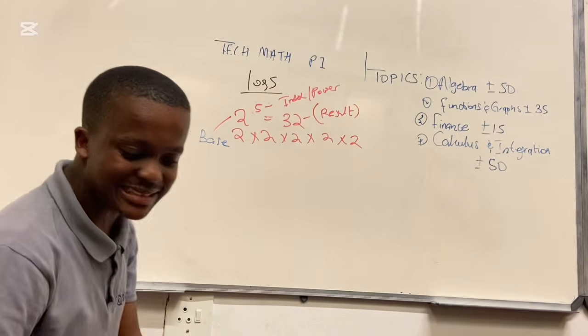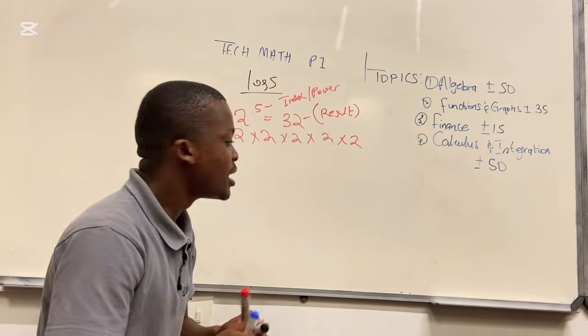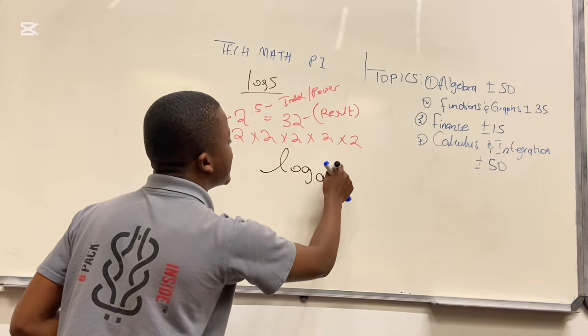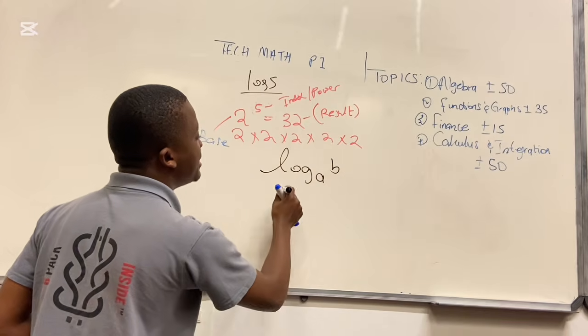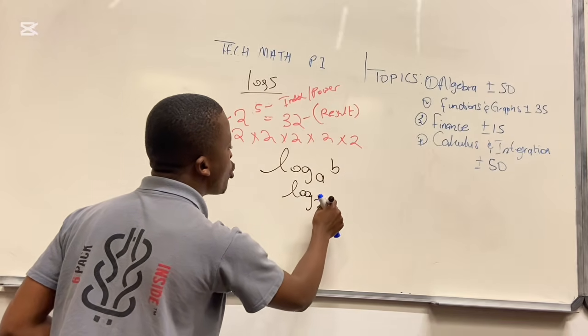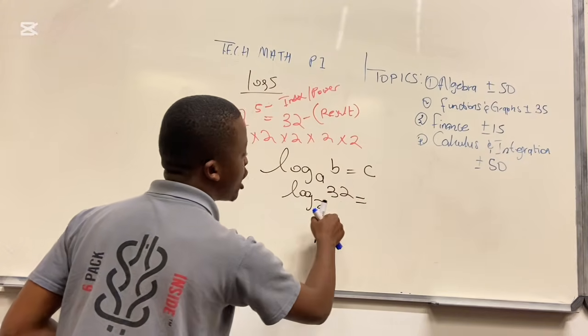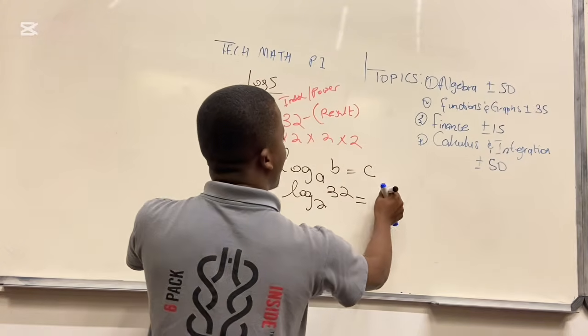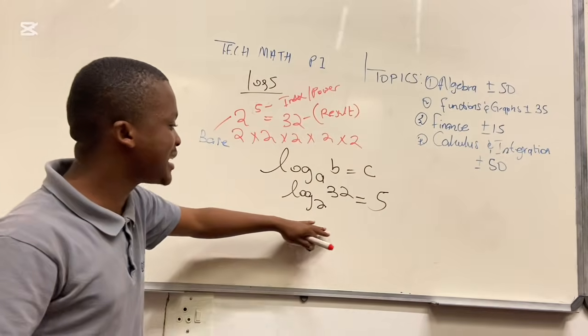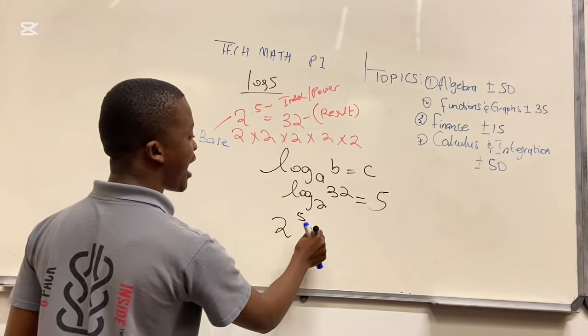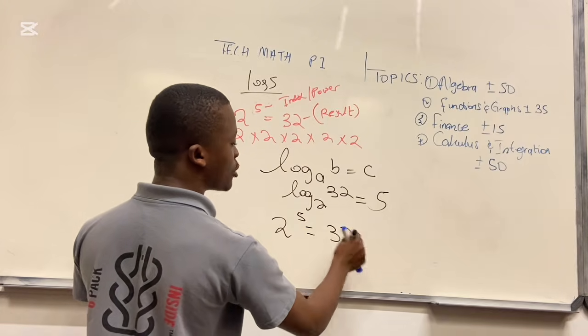Now see, represent in log form. What do we do? This is log, base 2 of 32, is equal to 5. If you punch this on a calculator, it will give you 5. So 2 raised to 5 is equal to 32.